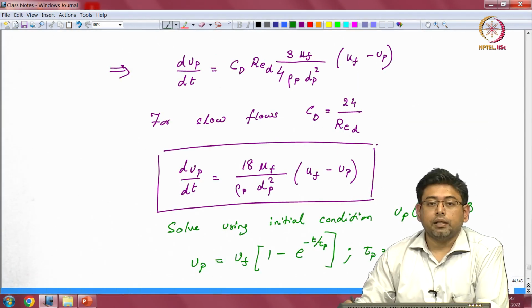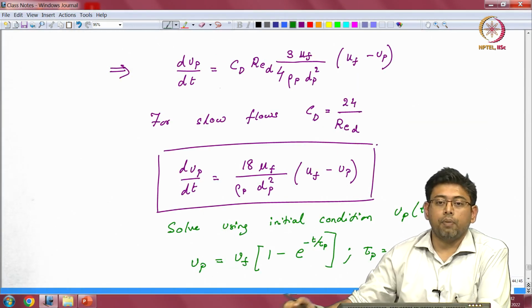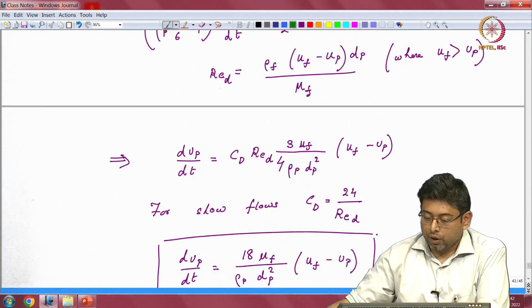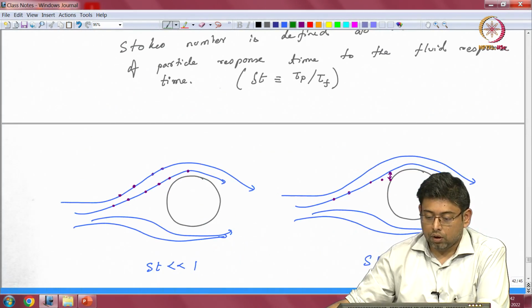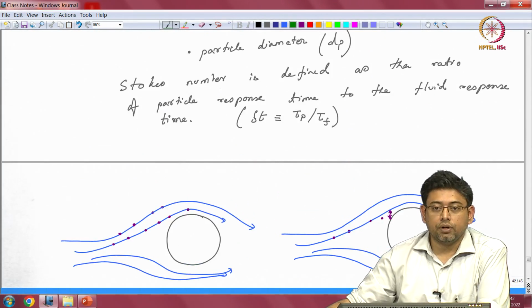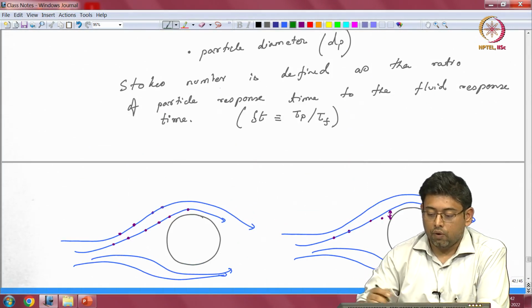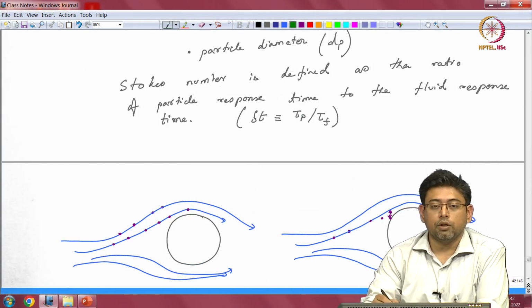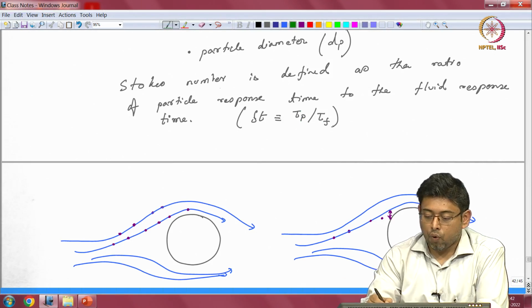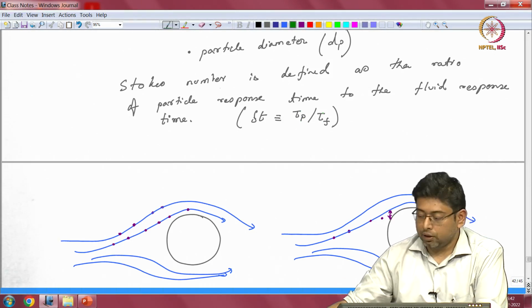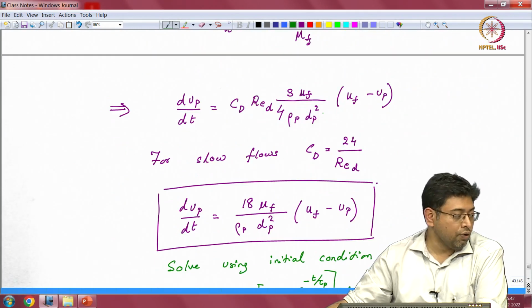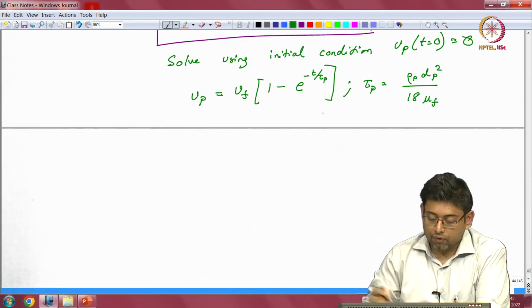So now I have an algebraic expression for my particle response time, which, if you recall, is how we started off with the definition of the Stokes number, where the particle response time was in the numerator. And now we have to figure out what the fluid response time scale is. The fluid response time scale is actually rather straightforward.